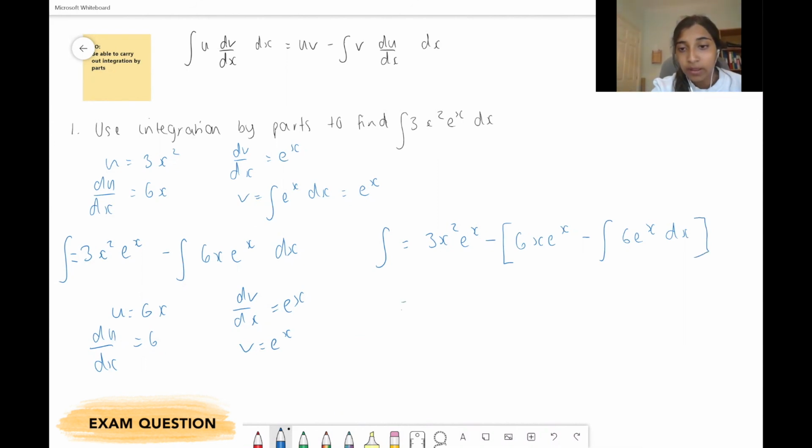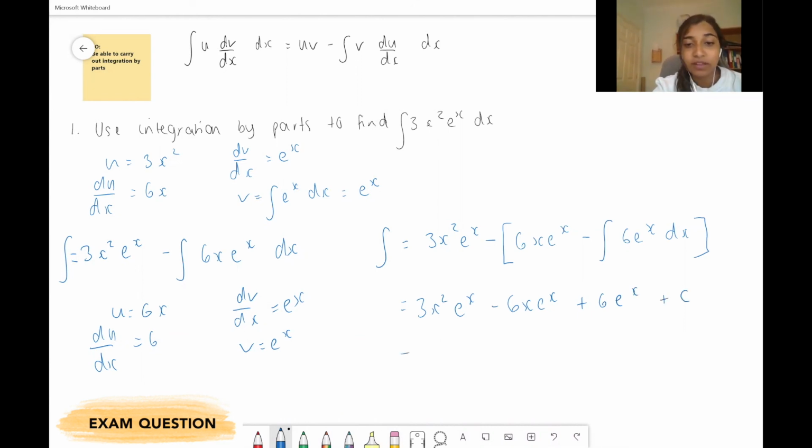If we simplify this, we get 3x squared e to the power of x minus 6x e to the power of x, and we can integrate 6 e to the power of x, which is just 6 e to the power of x. So we plus 6 e to the power of x plus c.